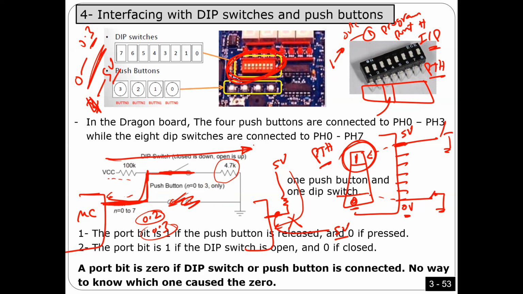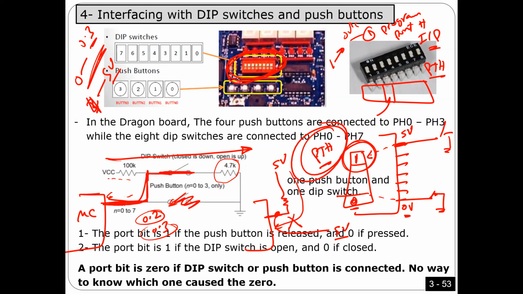So again, let me conclude, very simple. Number one, we have 8 switches, and every switch is connected to one pin on port H. All you have to do is read PINH, which is a byte, and then you can just check bits.